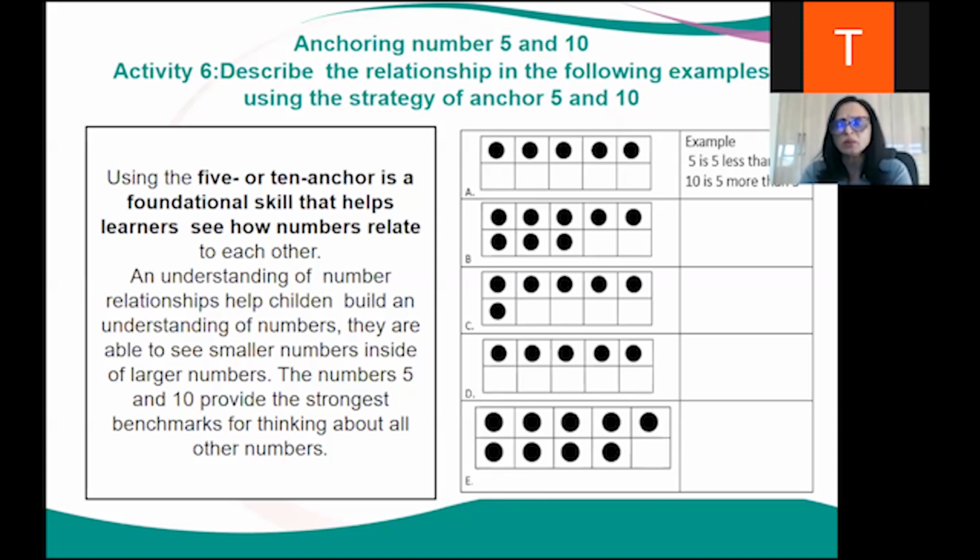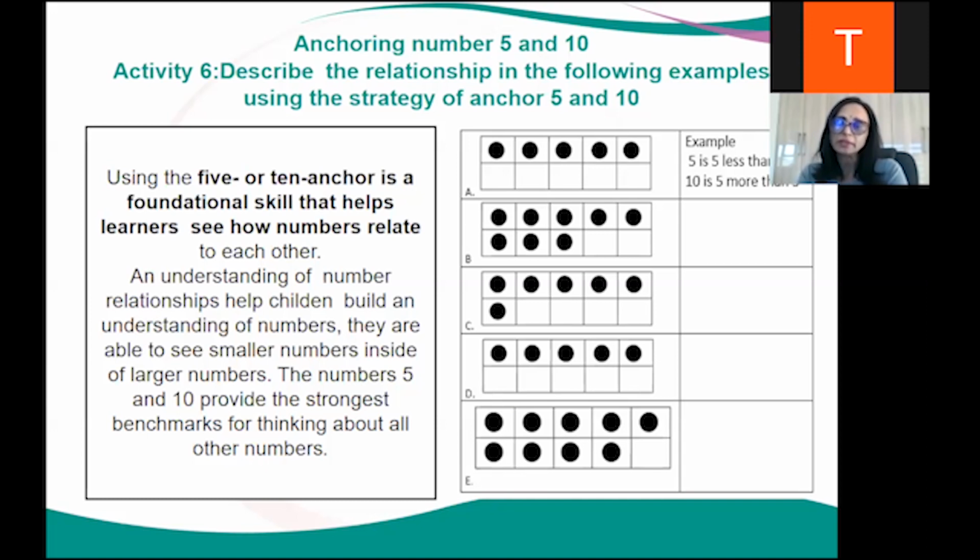But now, how do we say it to our learners? We can say 5 is 5 less than 10. Or we can say 10 is 5 more than 5.